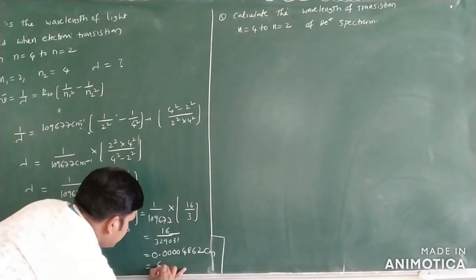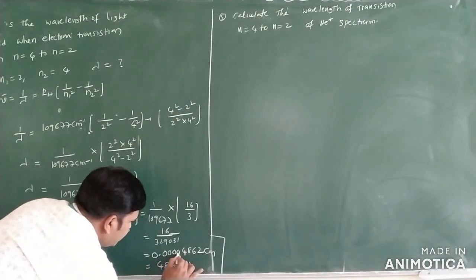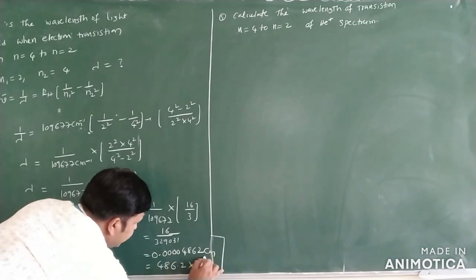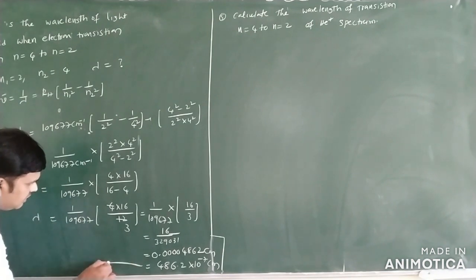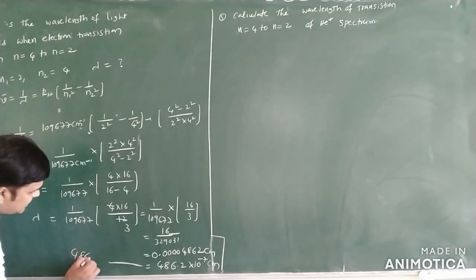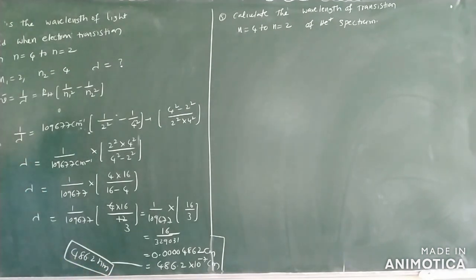I will write this as 486.2 into 10 power minus 7 centimeter. This value is 486.2 nanometer, because 1 nanometer is equal to 10 power minus 7 centimeters. So what is the answer? Wavelength 486 nanometers. So this is question number 4.